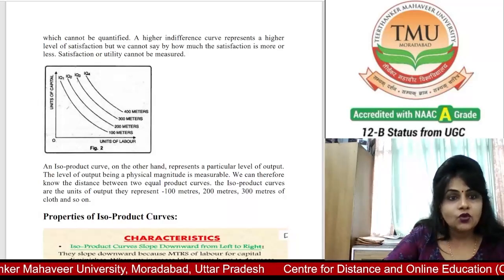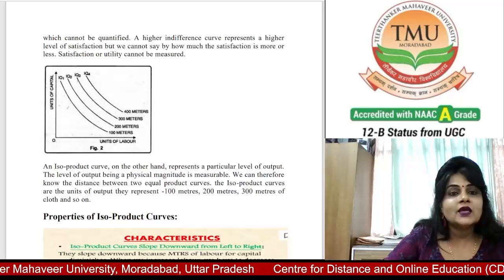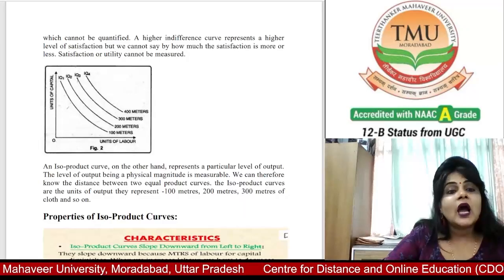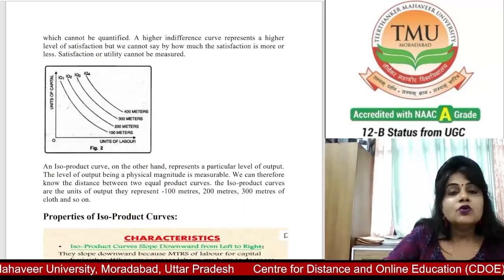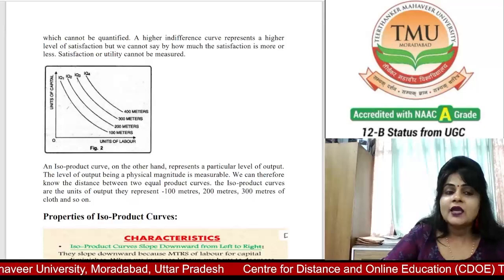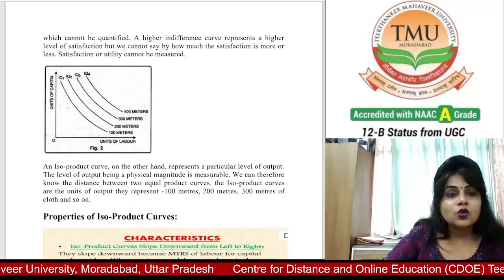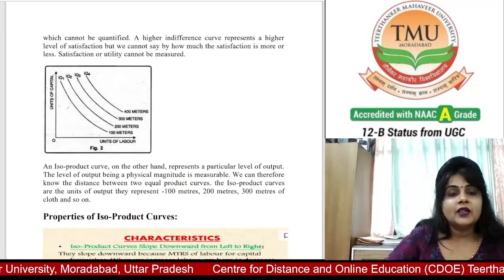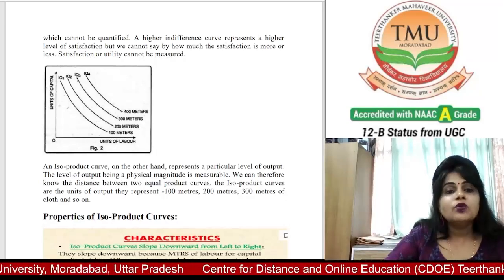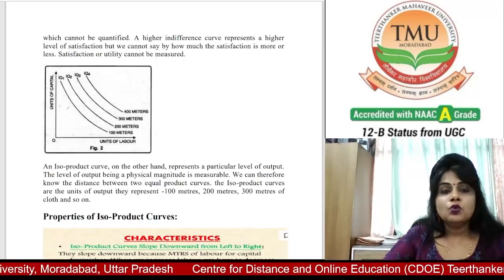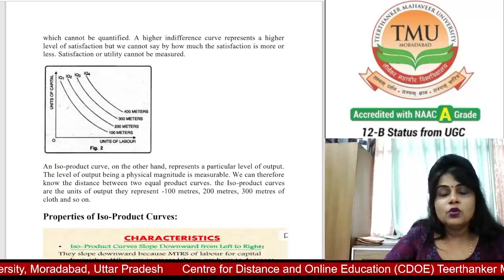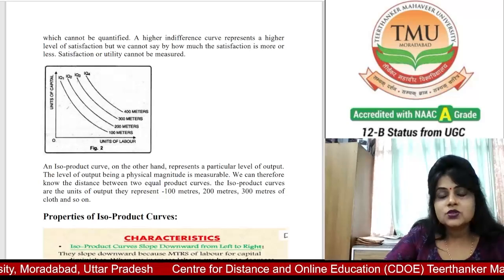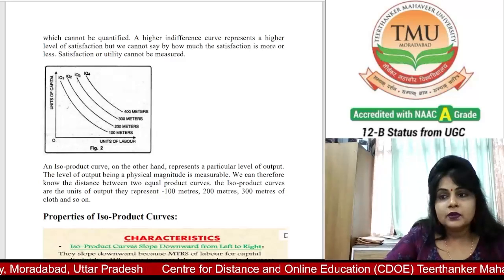And IQ4 is the highest isoquant and represents the highest level of output, that is 400. The highest isoquant IQ4 includes more units of both labor and capital than the lower isoquant IQ1. Students, hope you understood well what is the isoquant map.